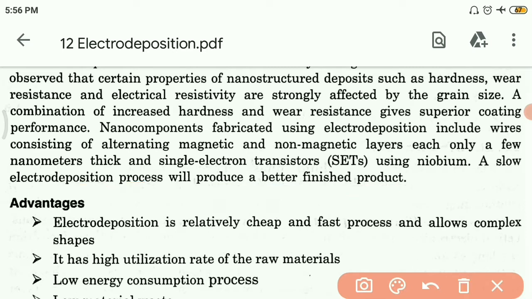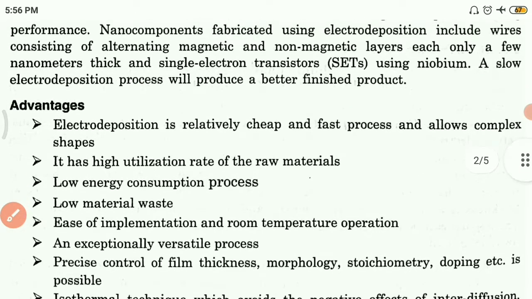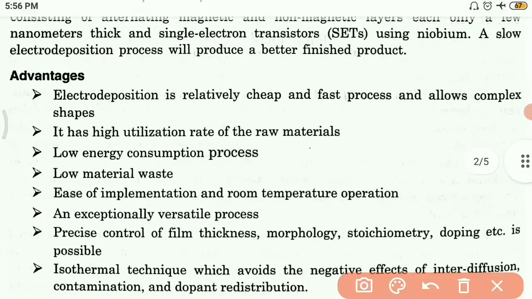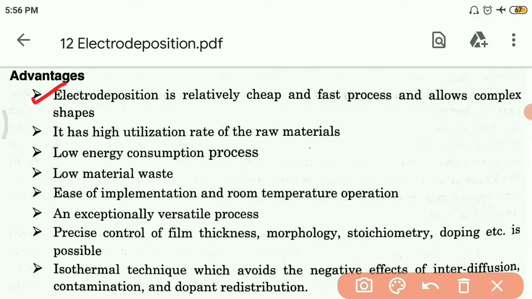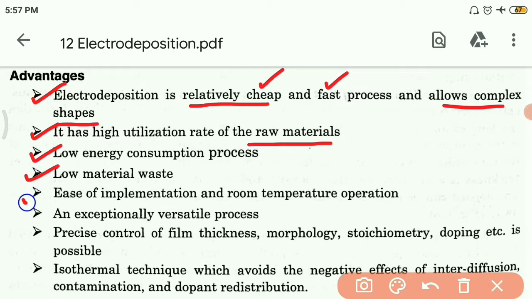Okay, now let us see what are the various advantages of the electrodeposition process. So number one, it is relatively cheap, meaning it is less costly, and it is also a fast process allowing complex shapes. Then it has a high utilization rate of raw materials with low energy consumption, low material waste, ease of implementation and room temperature operation, and it is an exceptionally versatile process.